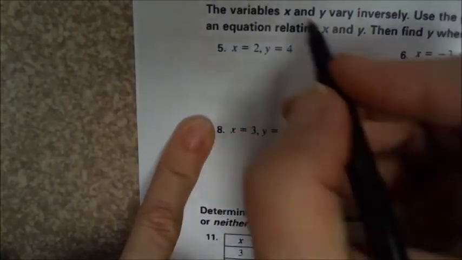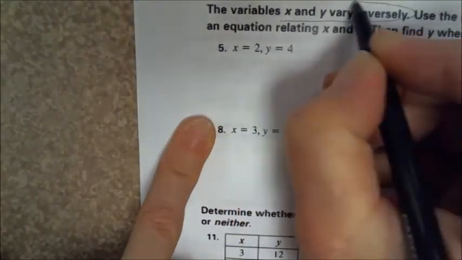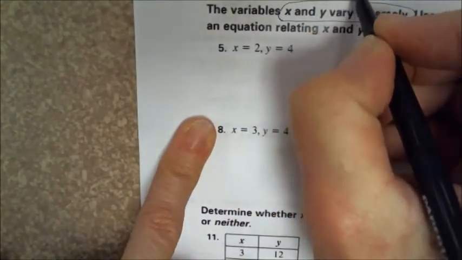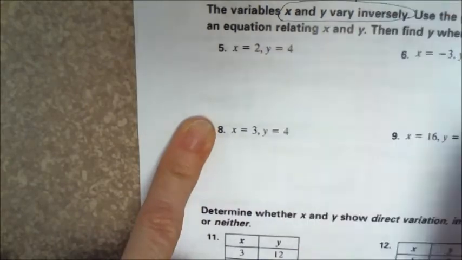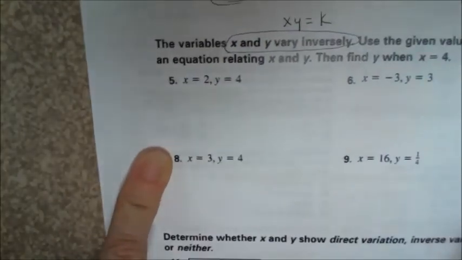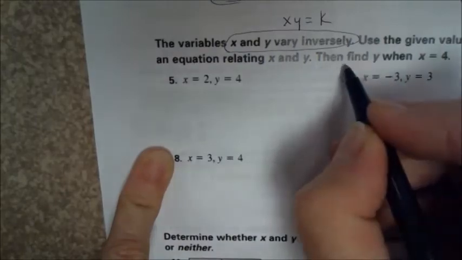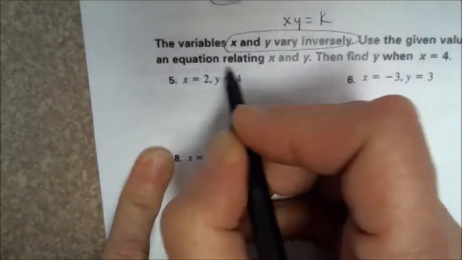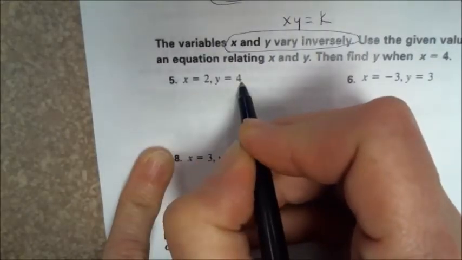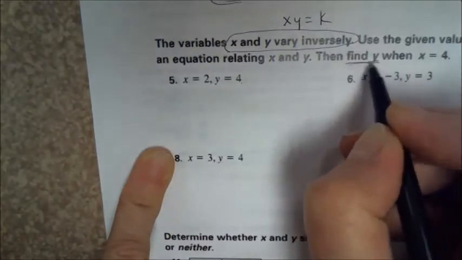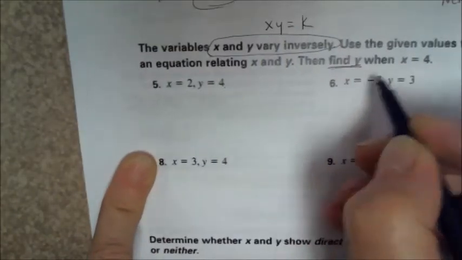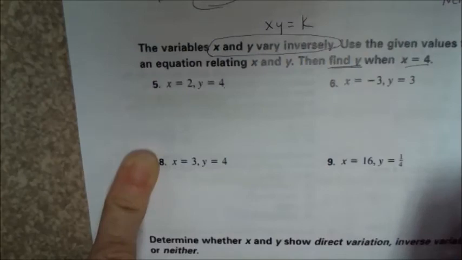These next questions down here, they're telling us that x and y vary inversely. So that means x times y is always equal to the same number k, no matter what. Our job, using the given values, is to find y when x equals 4.